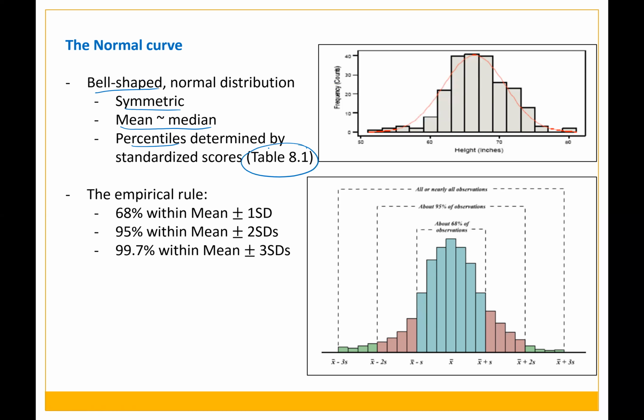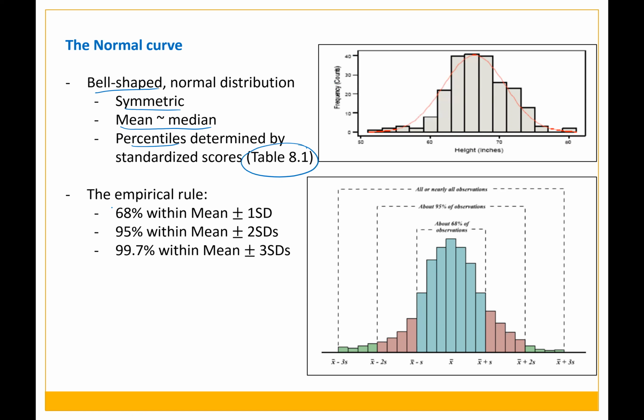Then we also have the empirical rule, a general description of the bell-shaped normal distribution. It gives us 68% within the distance from 1 standard deviation below the mean to 1 standard deviation above the mean, and the percentage increases as you go further out.